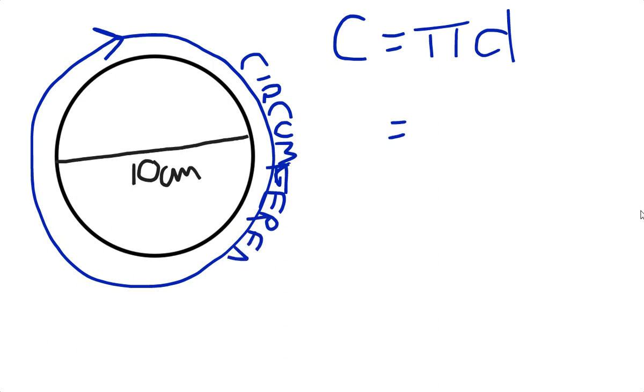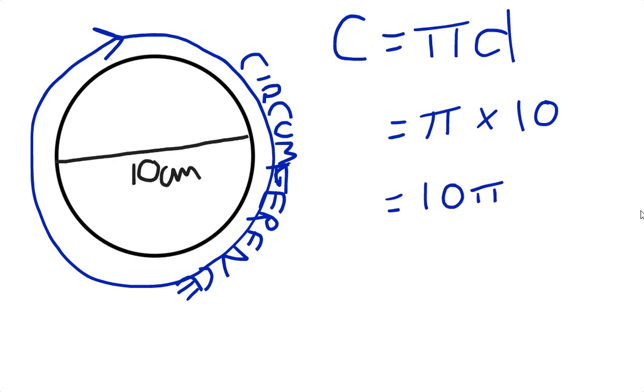and we've got this pi, which you can get up on a calculator, and we're going to times that pi by the diameter, which in this case is 10. So if we do pi times 10 on the calculator, you might get the answer 10 pi.